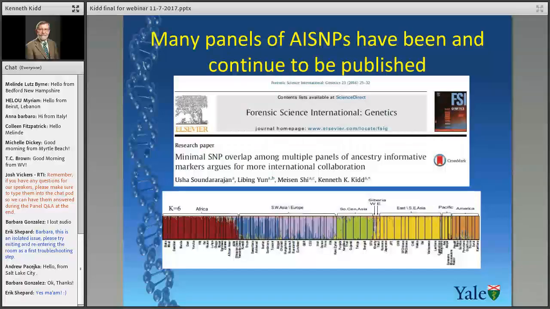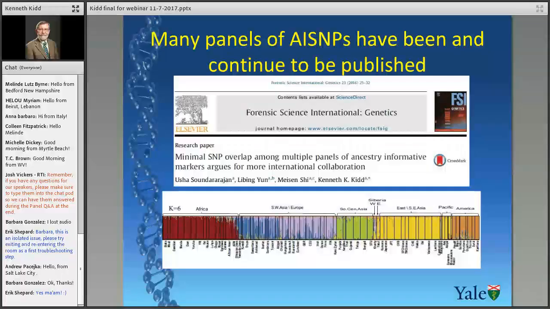What I call a very large empty matrix with different populations studied for different SNPs, making comparison very difficult. However, all of them had African populations, European populations, Central Asian populations, East Asian populations, and the American populations.